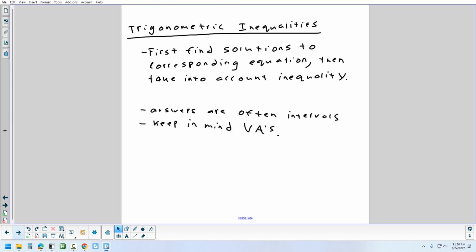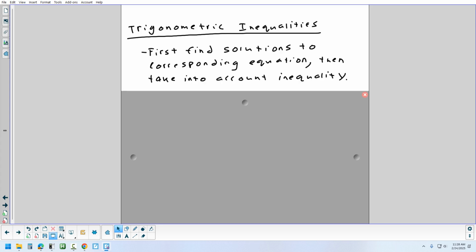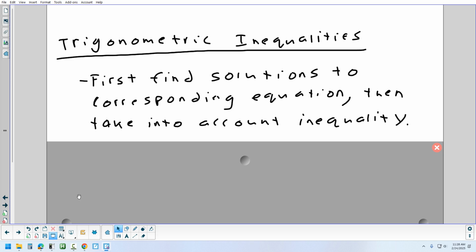So now let's finish up with some inequalities. It's very similar when we do inequalities to the way we do equations. When we write our answer to an inequality, it's not usually just a single number. How do we write our answer to an inequality?